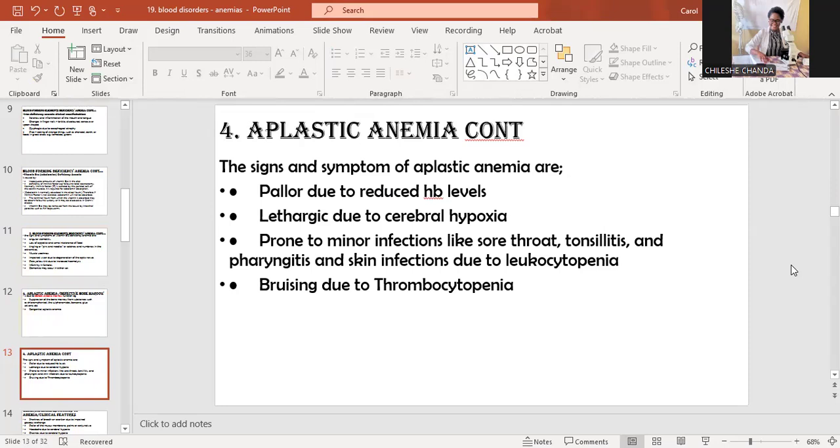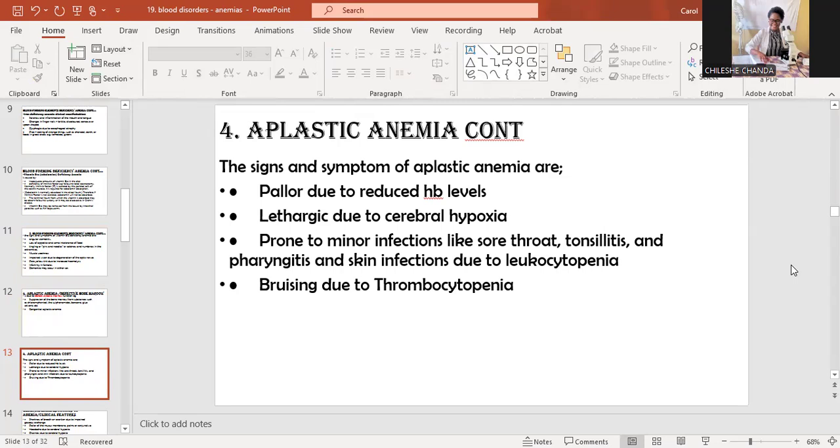Signs and symptoms of this type of anemia include pallor. Pallor simply means the patient will be looking pale. You look at the patient's eyes, the eyes will not even have a red tint in them. A normal human being should have a tint of redness in their eyes.